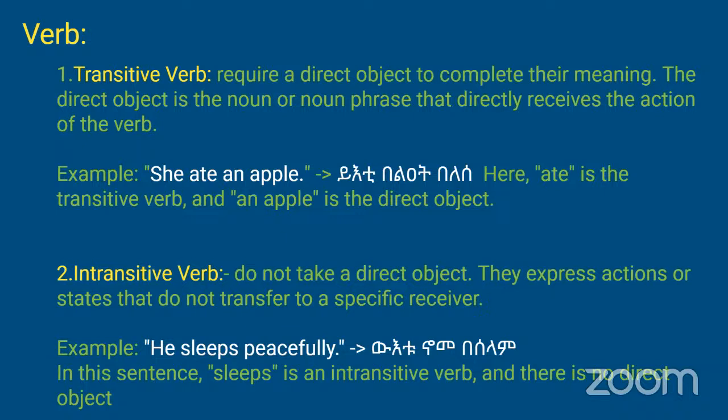It's a verb that needs an object in order for it to be complete. That means a transitive verb, right? So a transitive verb means you can change it into the passive voice.